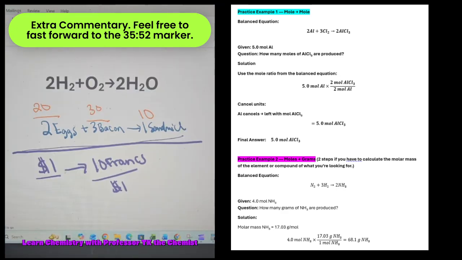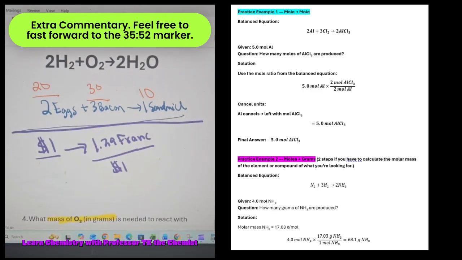Just as an example, they call it Swiss now, but I'm saying francs because that's what we used when we was in school. Anyway, if $1 is equal to 1.29 francs, here's what I want to know. What if I have a band, $1,000, and I need to convert that to francs?